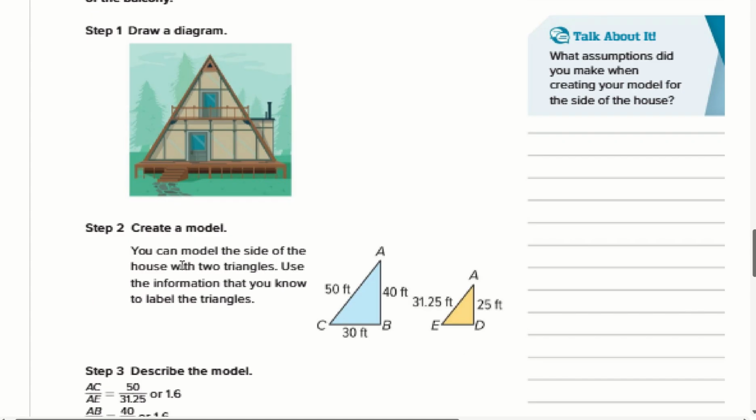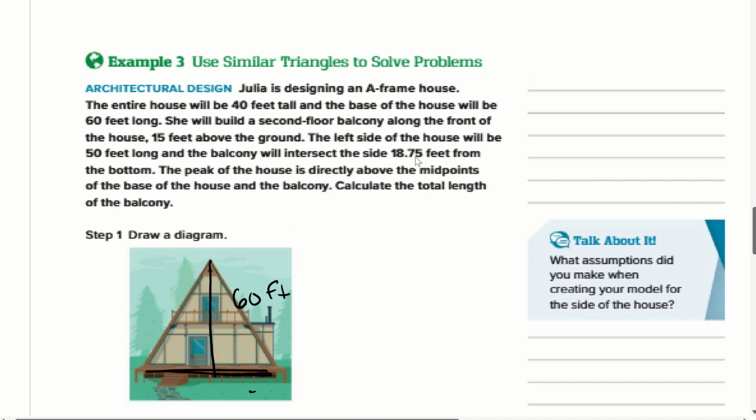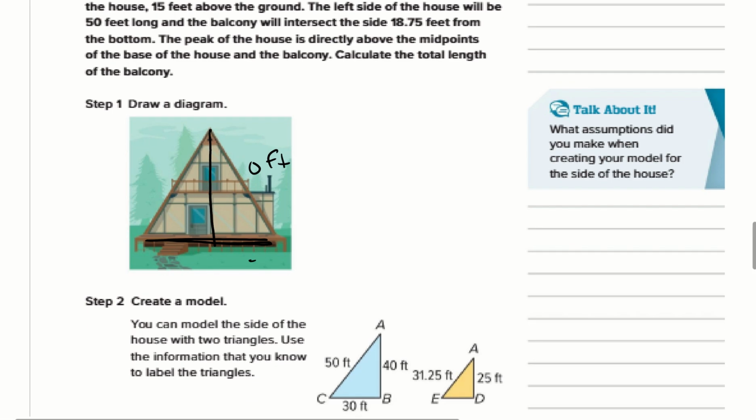Okay, so it says create a model. You can model the sides. So now they said that this height here is 60 feet, right? And then they said that this is 30 feet. Well, or no, I'm sorry, let me go back. It says 40 feet tall. I'm sorry, 40 feet tall.